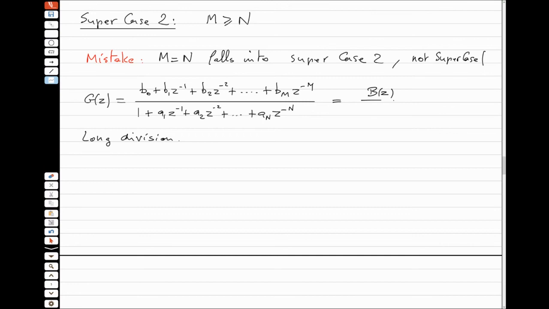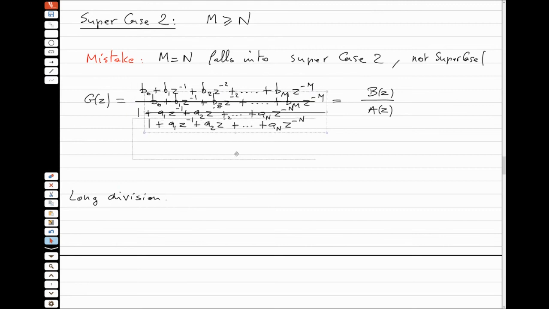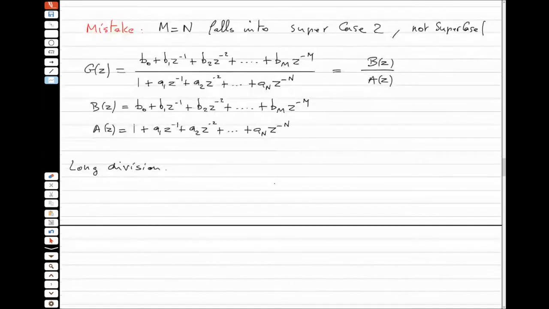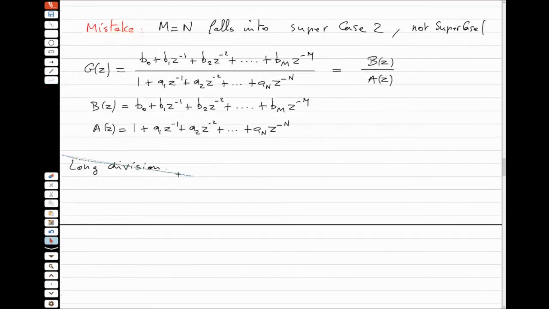So I write this is b of z divided by a of z, where b of z is the numerator, and a of z is the denominator. All right, so how do we do that in my country?